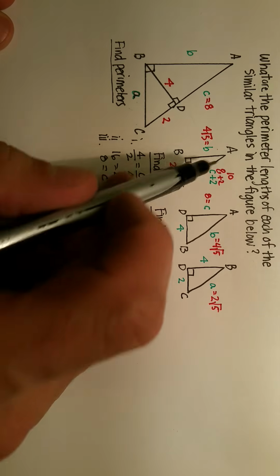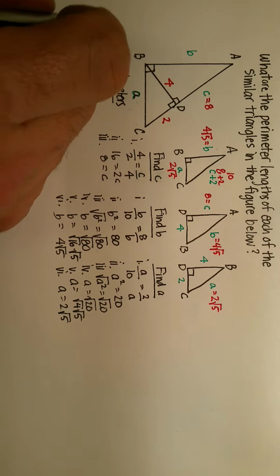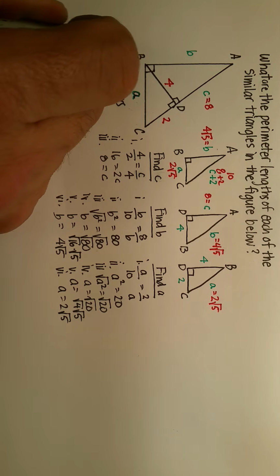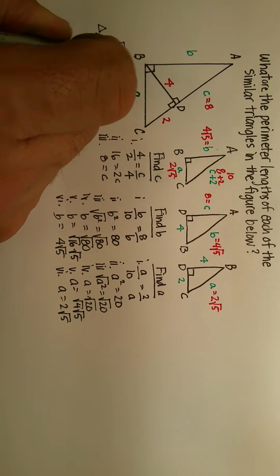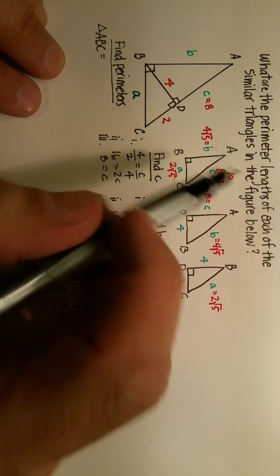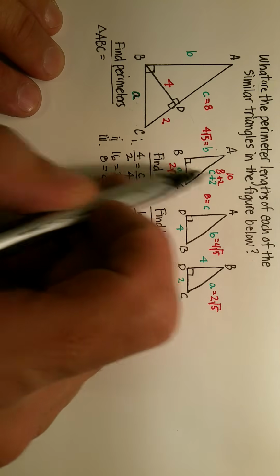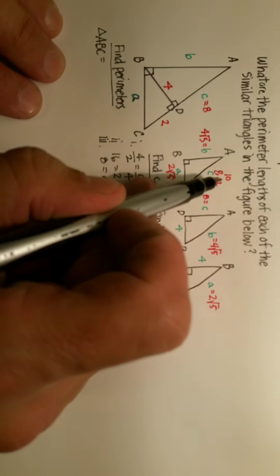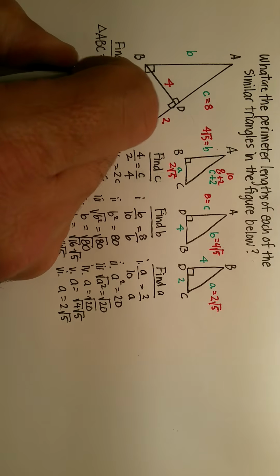So let's start with the first triangle, triangle ABC, the big one. The perimeter again is each of the lengths added together. So 4 radical 5 plus 2 radical 5 plus 10.